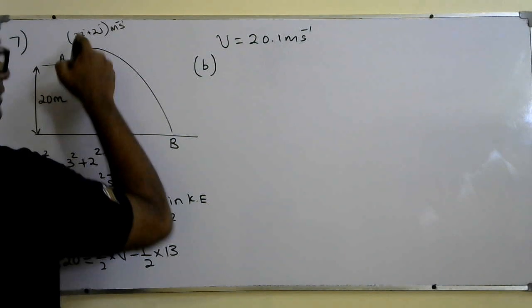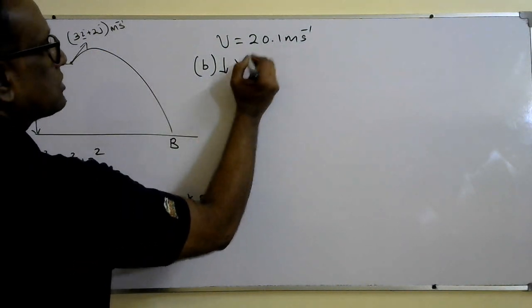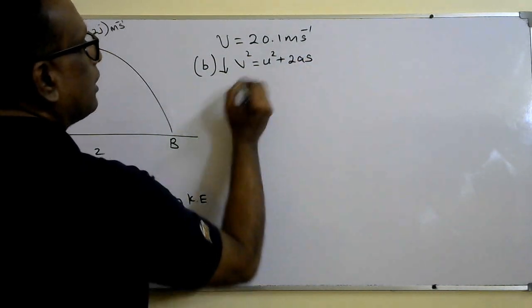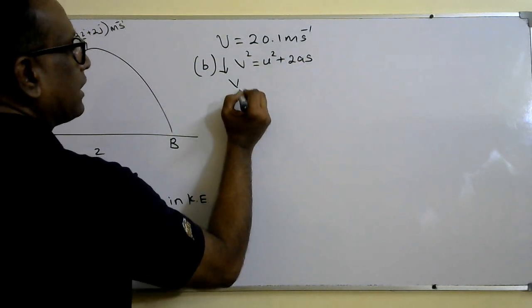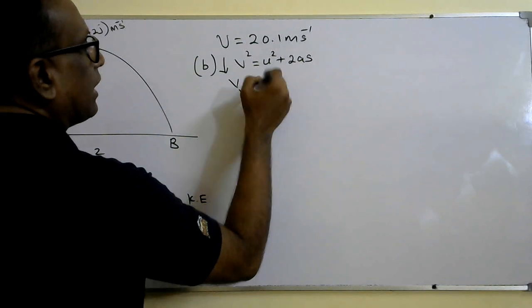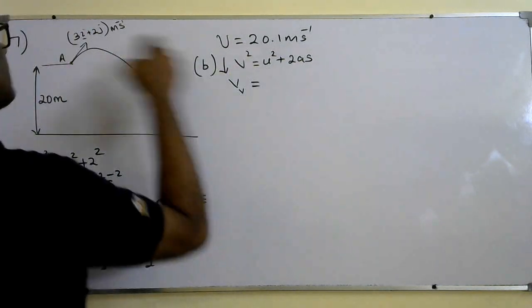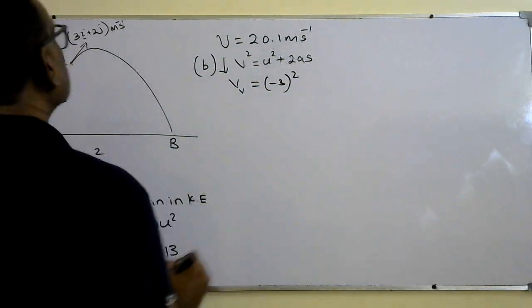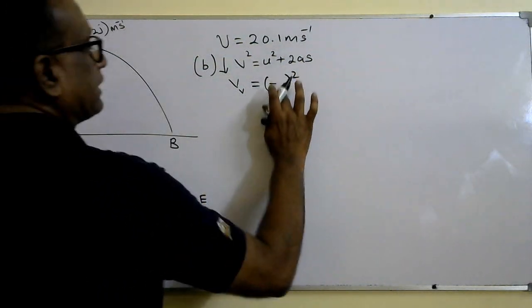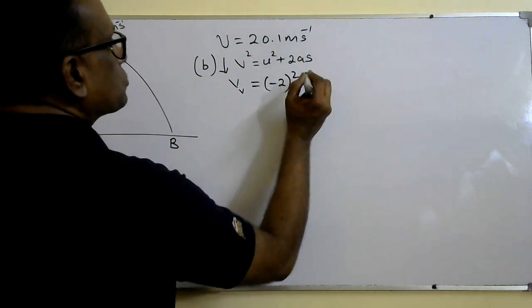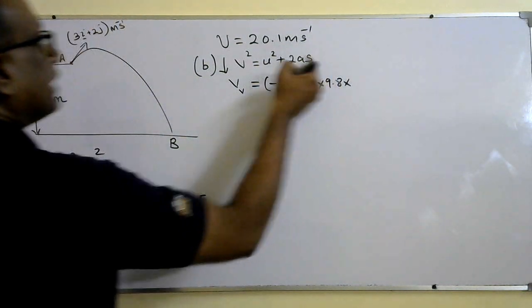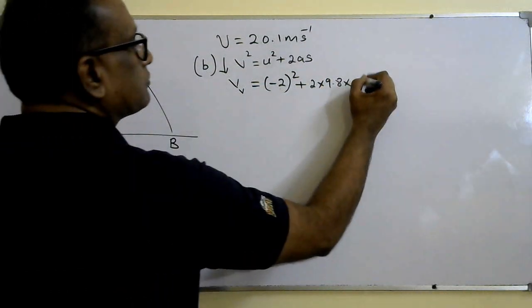Horizontal component remains 3. Downwards we'll use v squared equals u squared plus 2as. We are going to find the vertical component downwards. Initial velocity vertically is minus 2, so minus 2 all squared plus 2 into 9.8 into the displacement 20.